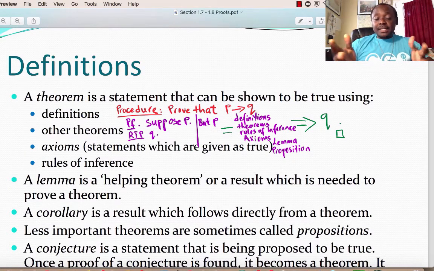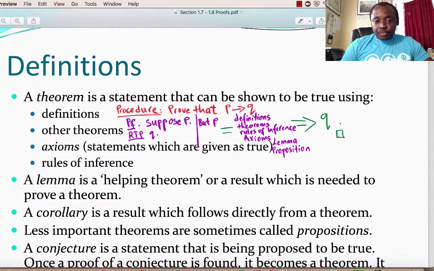We will see this later, but this is exactly what happens when I'm proving directly, what is known as direct proof. I want to prove that P implies Q. I suppose that P is true, and I have to prove that Q is true. RTP means required to prove.